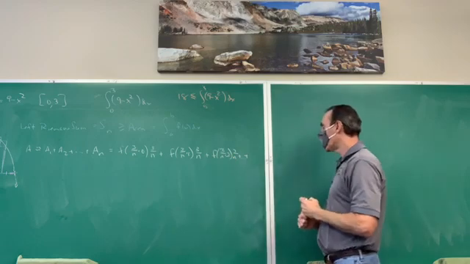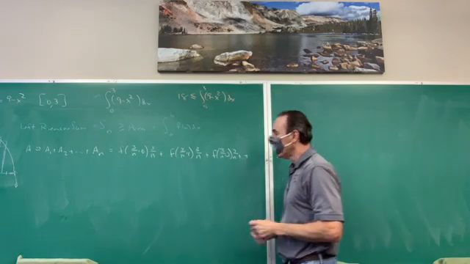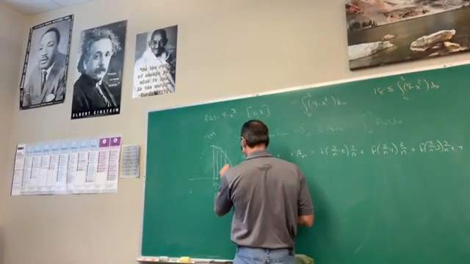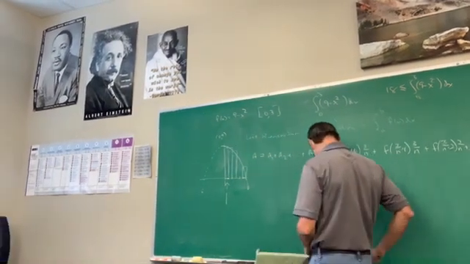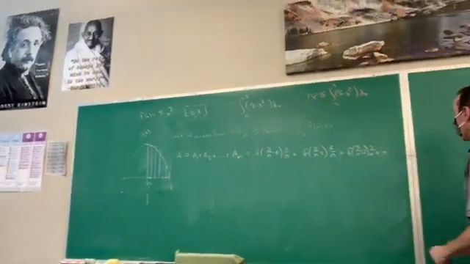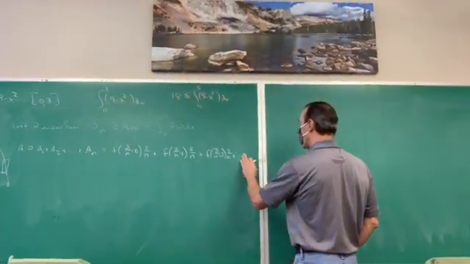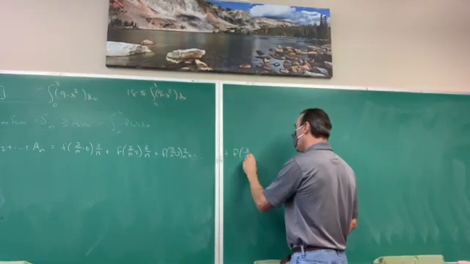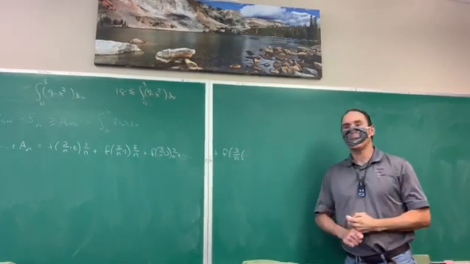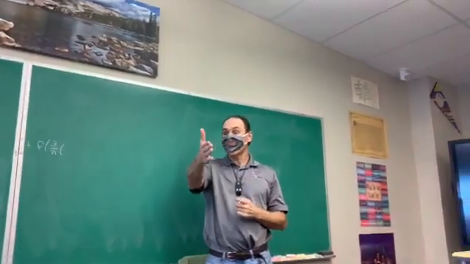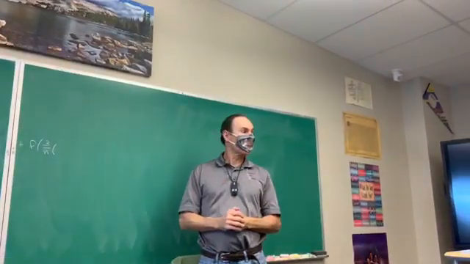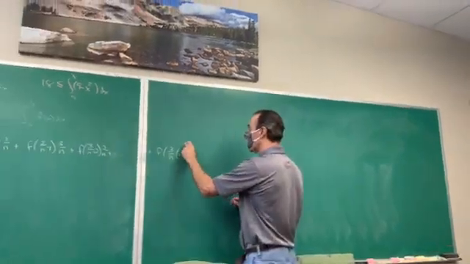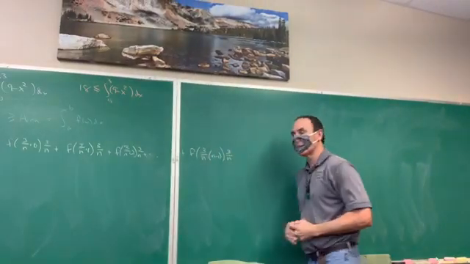Now it gets a little more awkward still. Now we're at the nth rectangle, so we're using that left side. It's going to be f of 3 over n times what? Exactly. We're 1 short of n, which is n minus 1. And I told you, you weren't going to like this as much. Times our width, which is 3 over n.